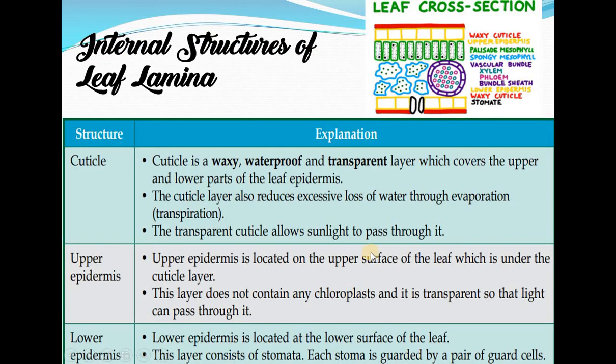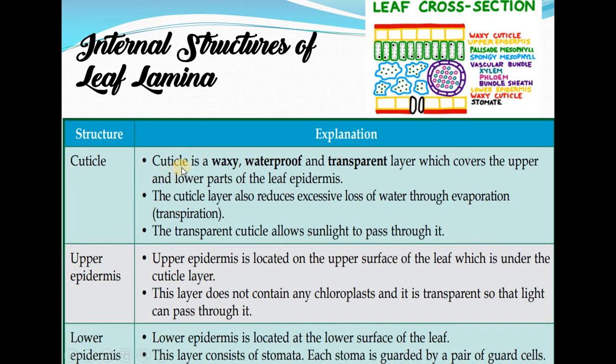Okay, now we go one by one through the structure of the leaf lamina. The first structure on the top is the waxy cuticle.